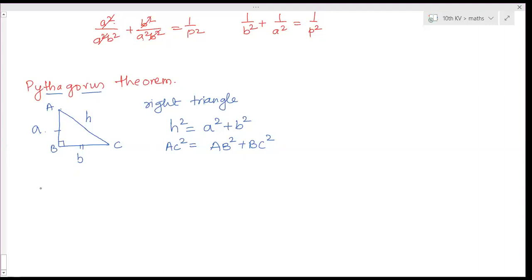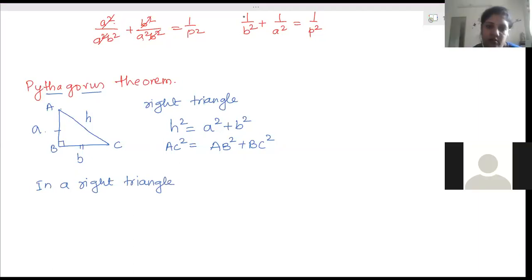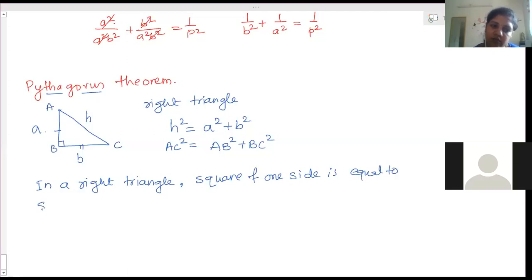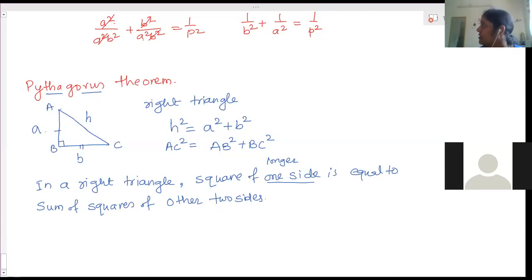So what is the theorem? It tells that in a right triangle, the square of one side, which is actually always the longer side, is equal to the sum of squares of the other two sides.